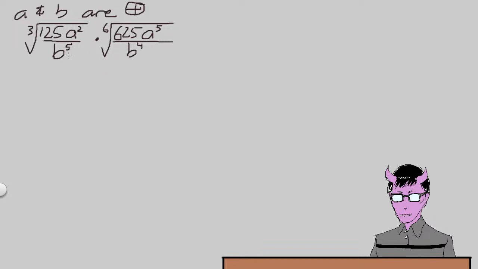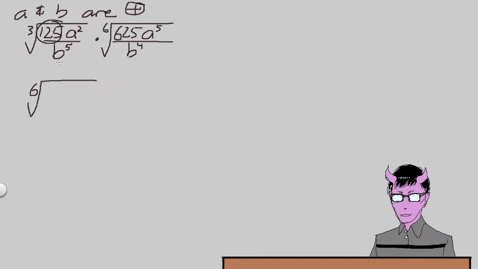So avoiding the translation into fractional exponents, we can keep it as the radical notation. But to get this one to match this one, I'm going to multiply by 2. Okay? So again, this is technically a risky move, so you'll need to double check your answers afterwards. So times 2, times 2, times 2, times 2.